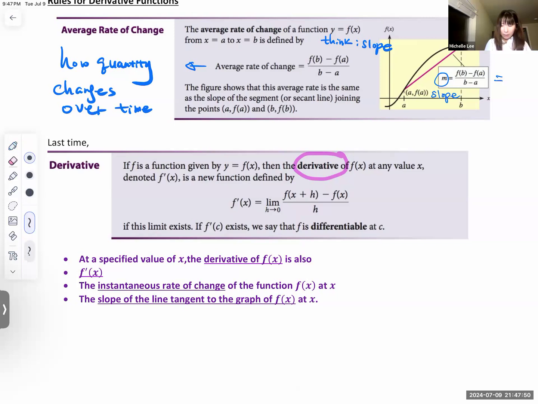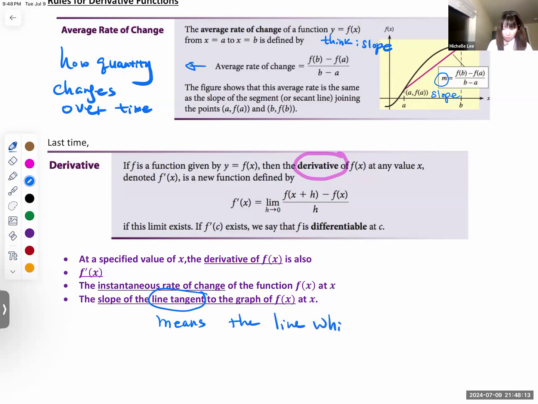So we say that the slope of the tangent line means the line touches the point. Line tangent means the line which touches a point.